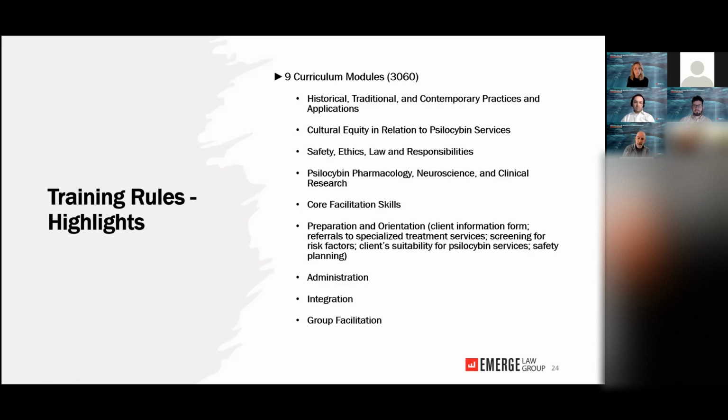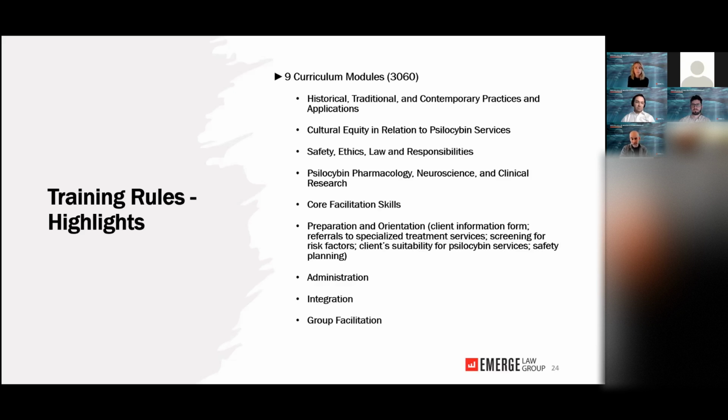They mention a client information form. They mention referrals to specialized treatment centers, screening for risk factors, clients' suitability, safety planning. This, to me, and we're going to get into it in a second, is telegraphing perhaps a direction that the board and the OHA is going, although that remains to be seen.